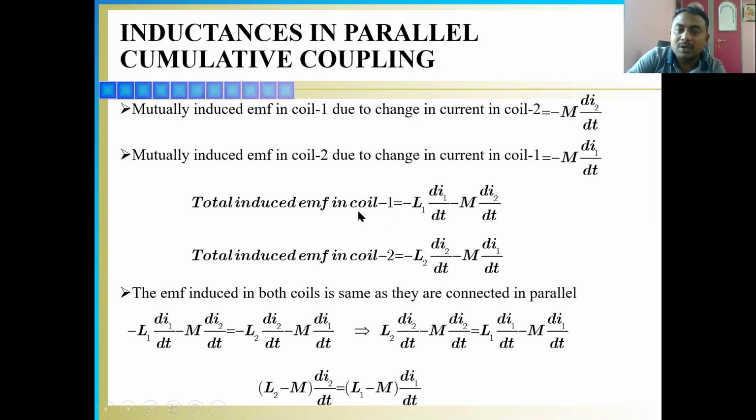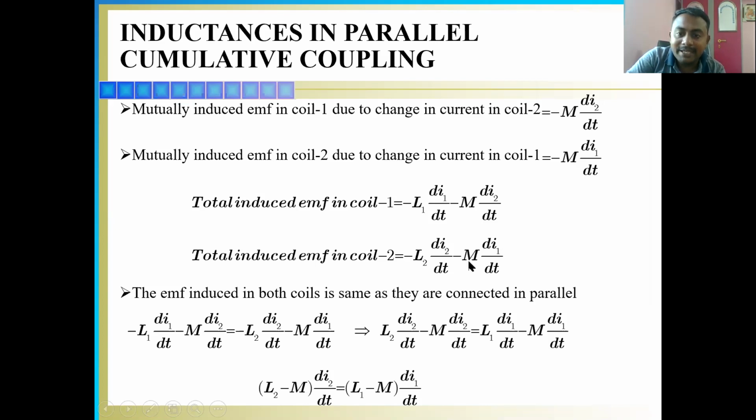So the total induced EMF in coil 1 is the self-induced term plus the mutual term, that is minus L1 di1 by dt minus M di2 by dt. The total induced EMF in coil 2 is minus L2 di2 by dt minus M di1 by dt.